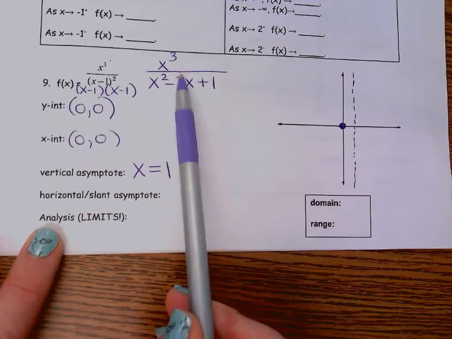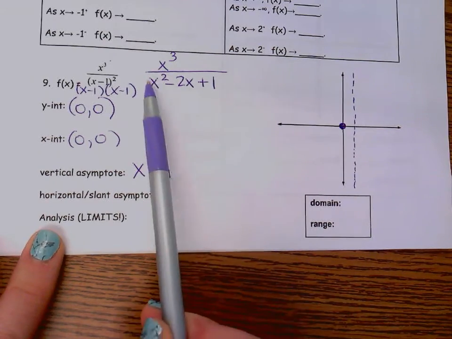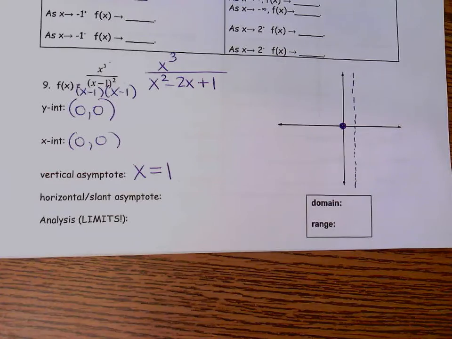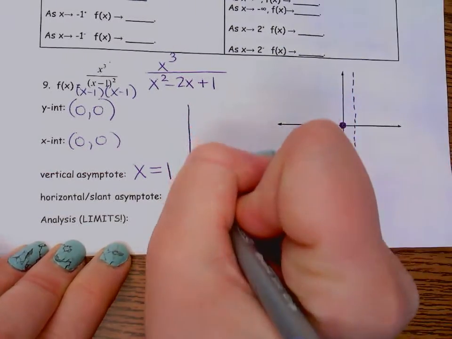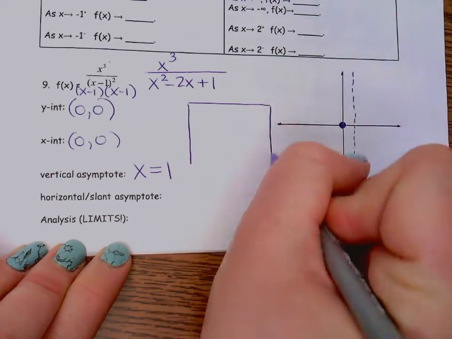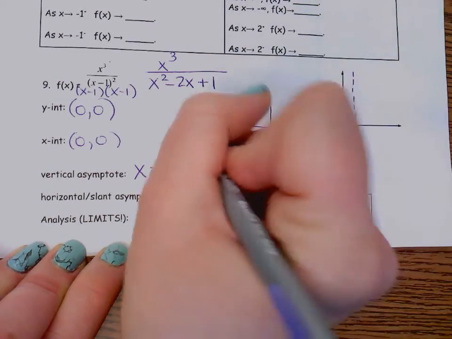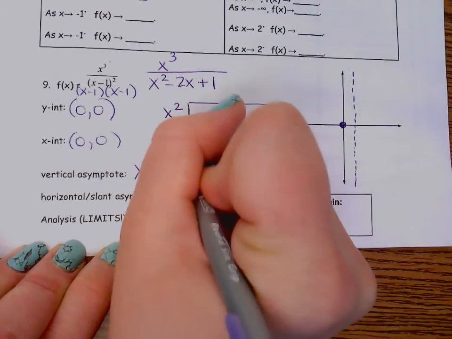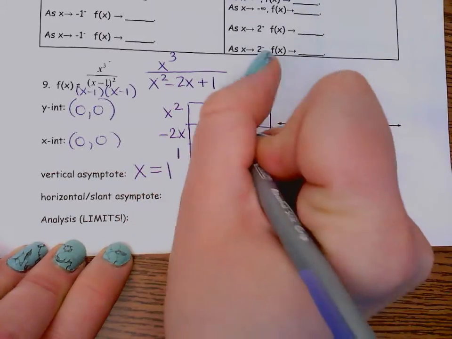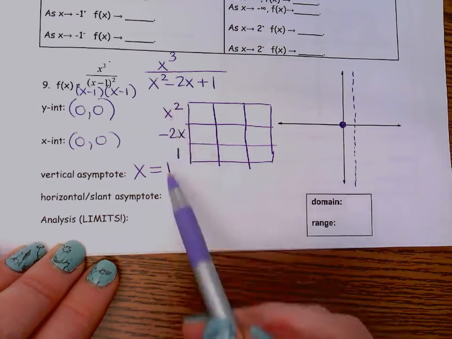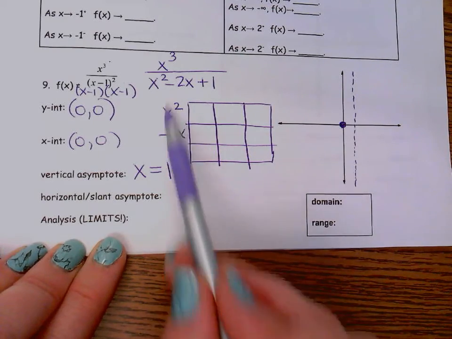So your divisor has 3 terms in it. So when you set up your box, your 3 terms are going to go down the left-hand side of your box. So you have a little bit bigger box this time. This is x squared minus 2x plus 1. So this trinomial is your divisor. That goes on the left-hand side.